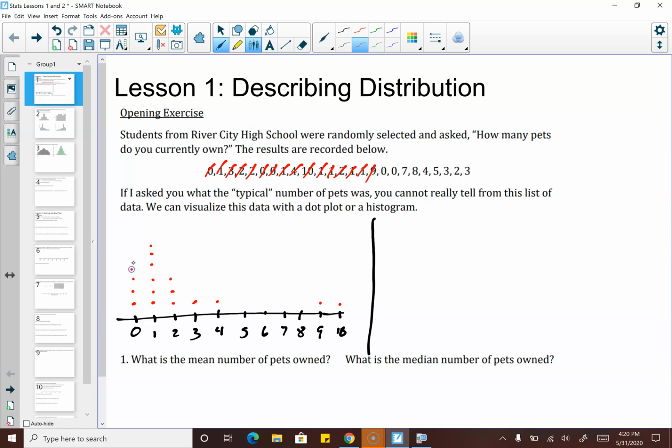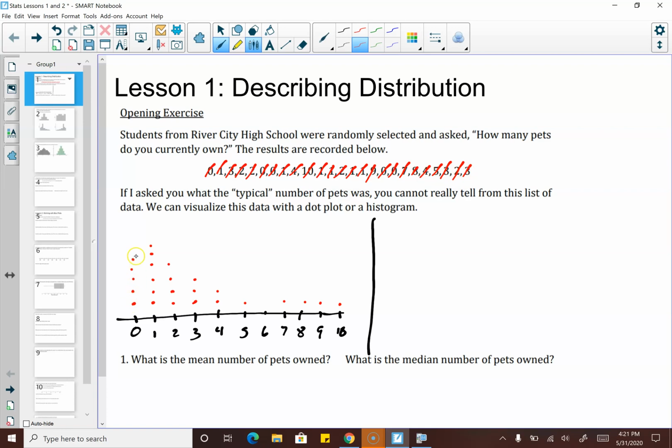And then, let's see, as we go here, we have a 7 and an 8. We have a 4 and a 5. And then we have 3, 2, 3. So it said we should have 25 dots.